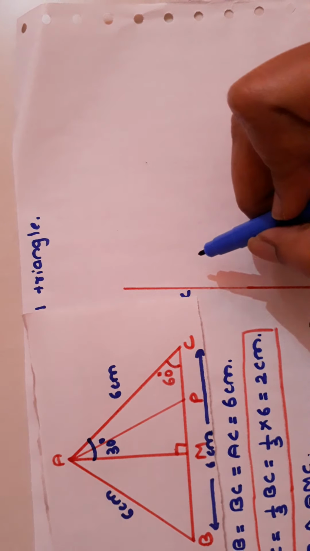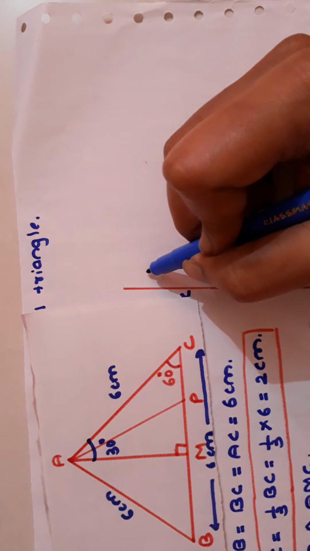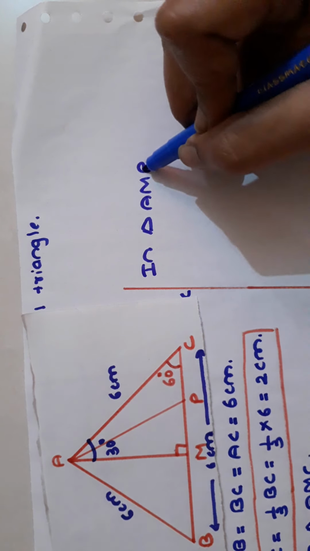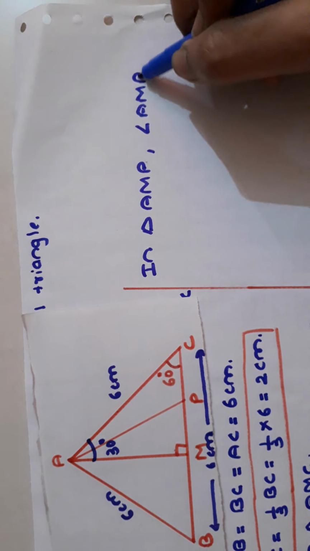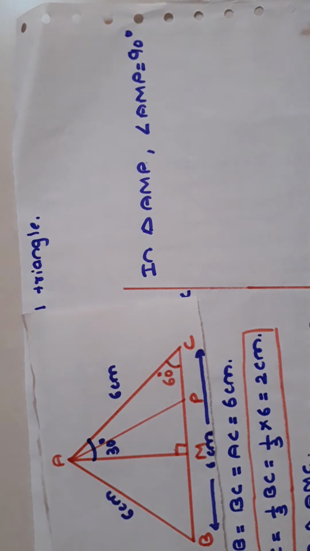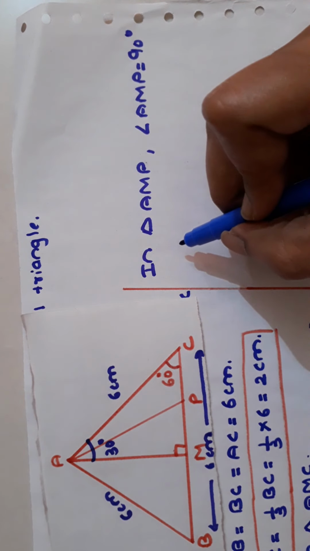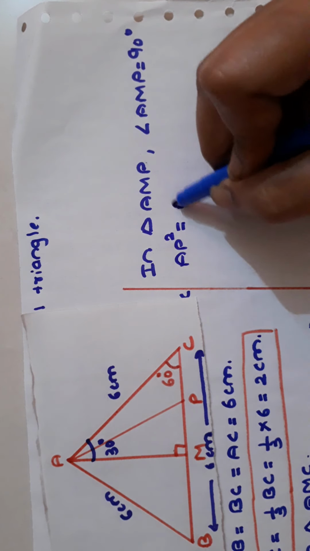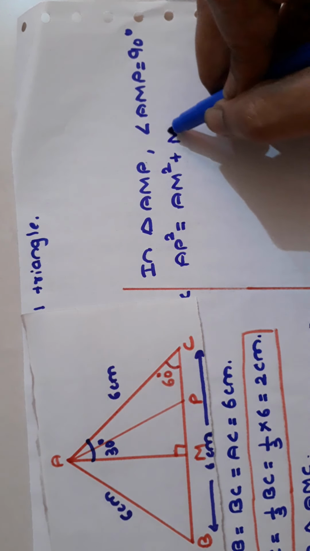Now consider the right angle triangle AMP. Angle AMP is 90 degree. So that means we can use Pythagoras theorem. Now in triangle AMP, hypotenuse is AP. AP square is AM square plus MP square.